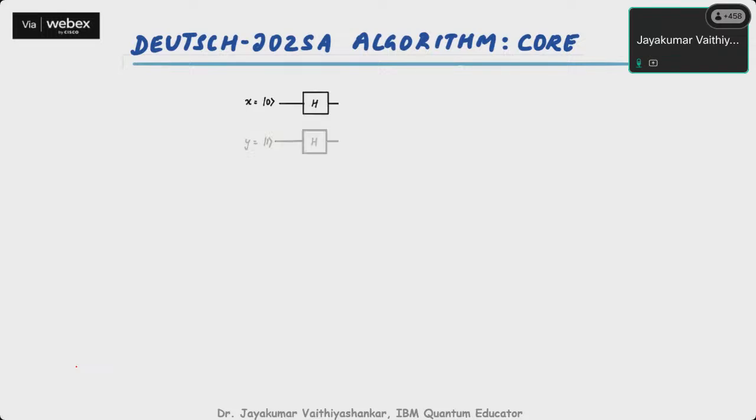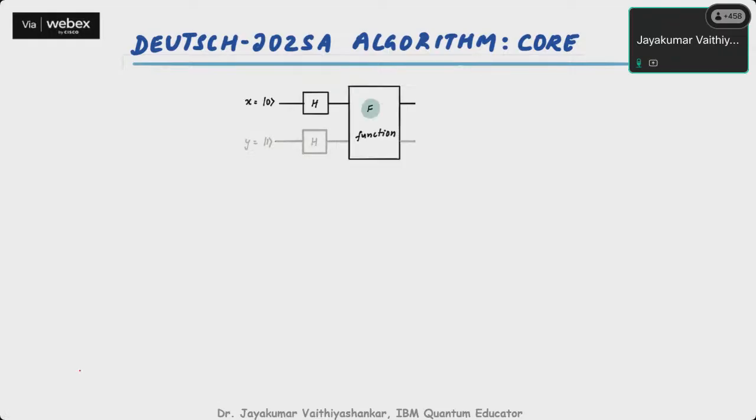Okay, what we are doing, we are applying Hadamard gate. I hope everybody knows the operation of the Hadamard gate. From 0, if you apply Hadamard gate, you will get the positive state. From 1, if you apply Hadamard gate, you will get the negative state. So recall these fundamentals. These are very important.